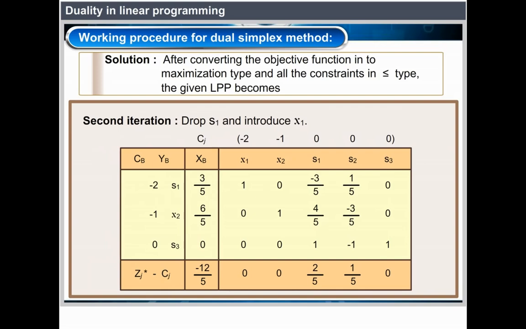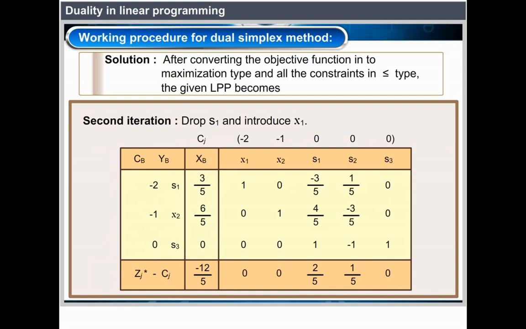Second iteration, drop s1 and introduce x1. The table: cb, yb, xb, x1, x2, s1, s2, s3. First row: minus 2 for cb, x1 for yb, 3 by 5 for xb, 1 for x1, 0 for x2, minus 3 by 5 for s1, 1 by 5 for s2, 0 for s3.